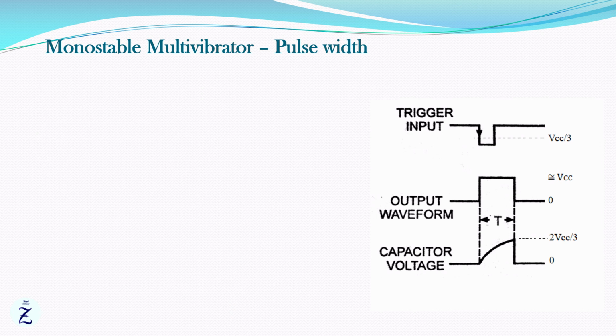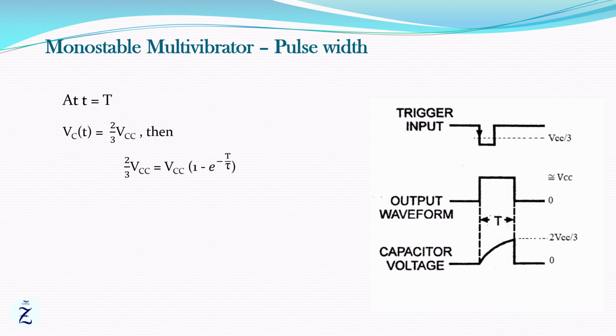At t is equal to capital T, that is the duration of the pulse, the capacitor voltage will reach 2 by 3 VCC. Apply this condition in the above equation, hence the equation becomes 2 by 3 VCC is equal to VCC into (1 minus e raised to minus capital T divided by tau).